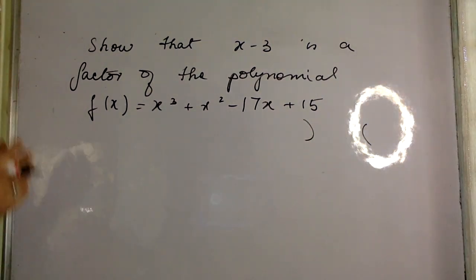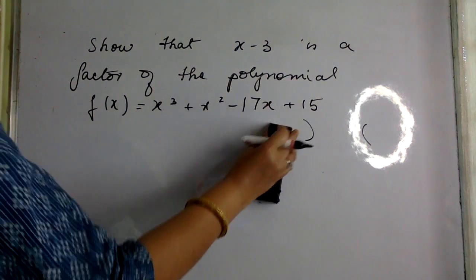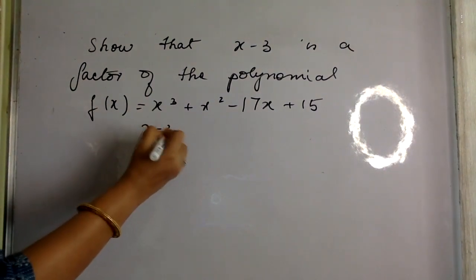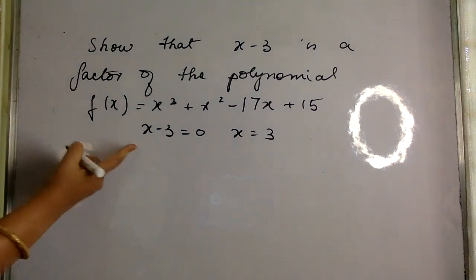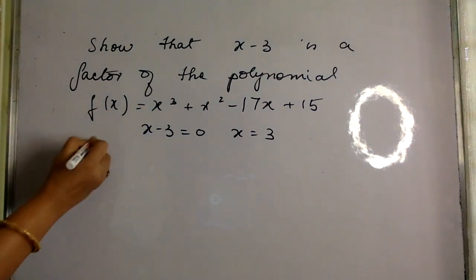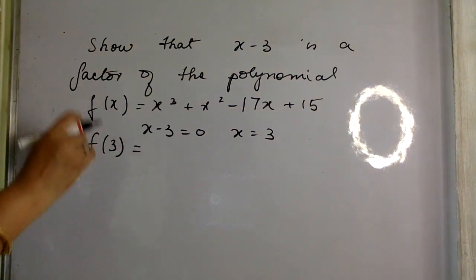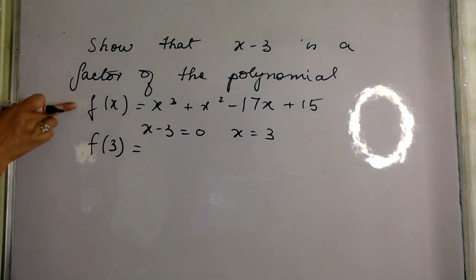From the remainder theorem we know one thing very clearly: first we equate x minus 3 to 0. Then x becomes 3. If we substitute it in f(x), that is, find f(3), we will see what the remainder is, since we are trying to find the remainder when this divides this.